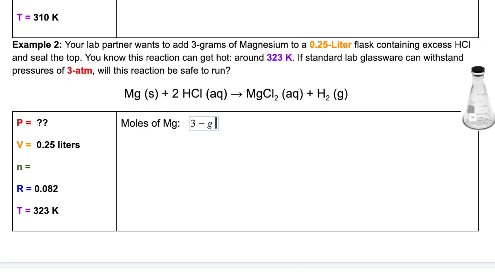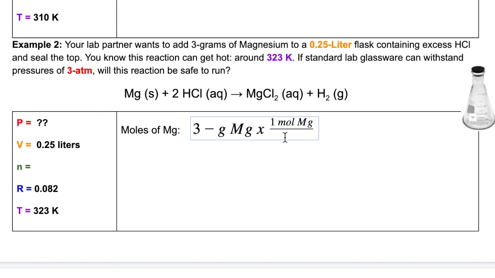3 grams magnesium times 1 mole of magnesium. And if you look at the periodic table, you'll find that the atomic weight of magnesium is 24 grams. Because this is dimensional analysis, we can add on the next conversion factor, which is moles of magnesium to moles of hydrogen gas.